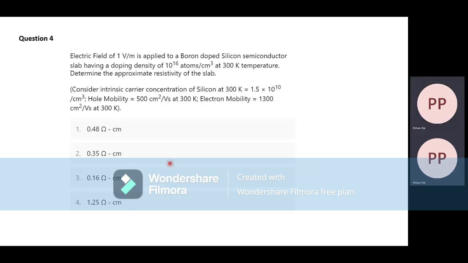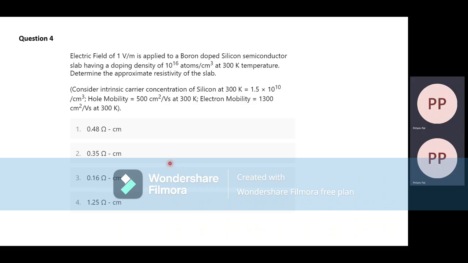Now one question regarding this thing, one sample question so that you get a better understanding. An electric field of 1 volt per meter is applied to a boron doped silicon semiconductor slab having a doping density of 10 power 16 atoms per centimeter cube at 300 Kelvin temperature. Now determine the resistivity of the slab. Some of the information is given.